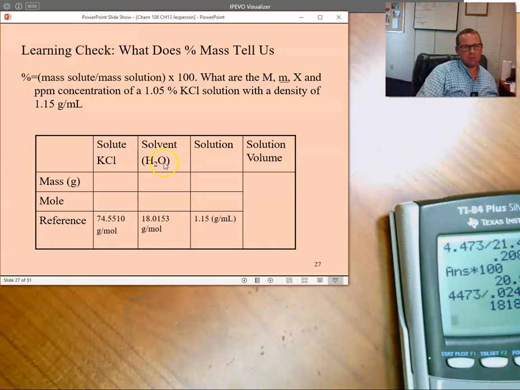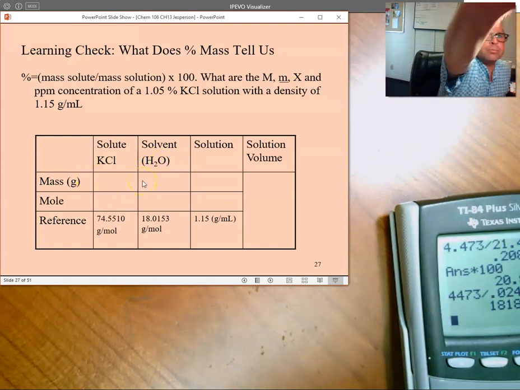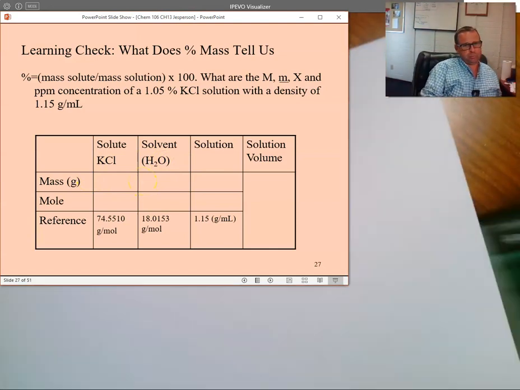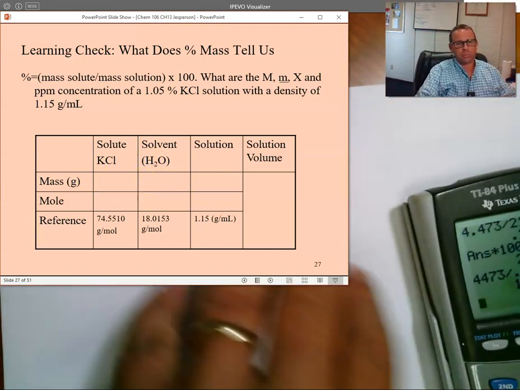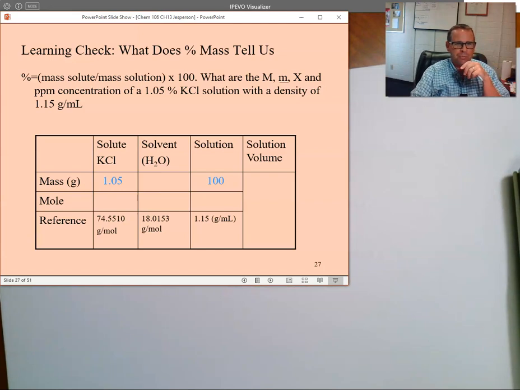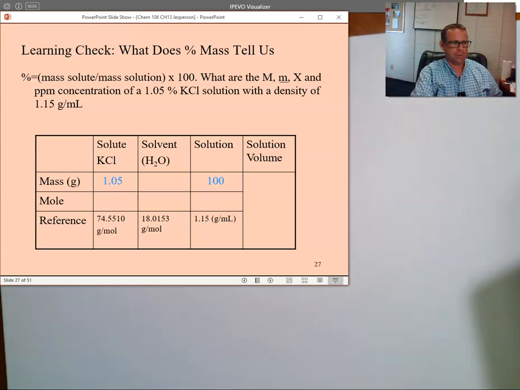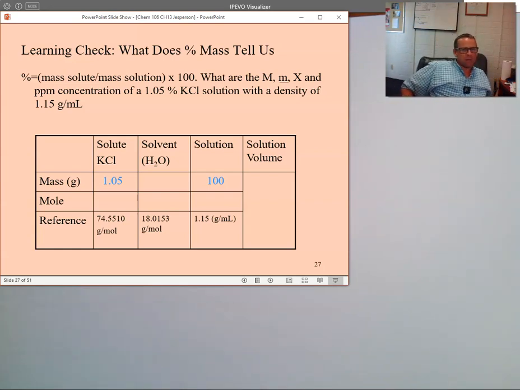So which boxes can I fill in, and what values are we going to use? So we could put 100 grams in the mass of the solution. Okay, and then 1.05 grams of the KCl. Yes. All right. Excellent. And so what's the easy one to get right off the bat then?